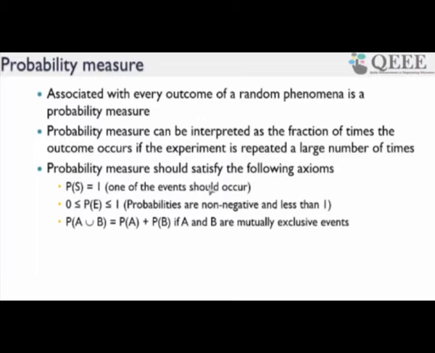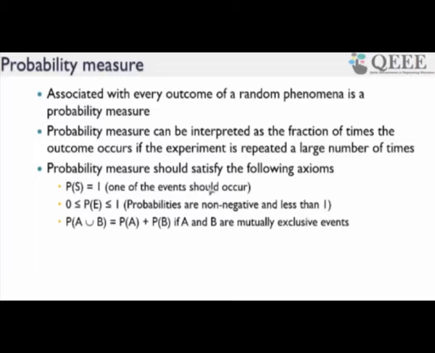Probability can be interpreted as the fraction of times an outcome occurs if the experiment is repeated a large number of times, and whenever we talk about probability, it has to satisfy certain axioms. The probability of all events put together is 1. That means if you have, let's say, 1000 possible events, whenever you do an experiment, it has to be 1 of the 1000.